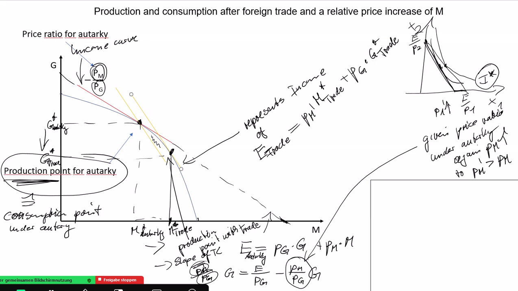This is maybe now 2 million euros, which I can use to buy G and M flexible in amounts, because what I want to buy, given the prices I can buy, if I'm not producing that much at home, then I can buy it just in France. So now I interpret that everything, oops, sorry.